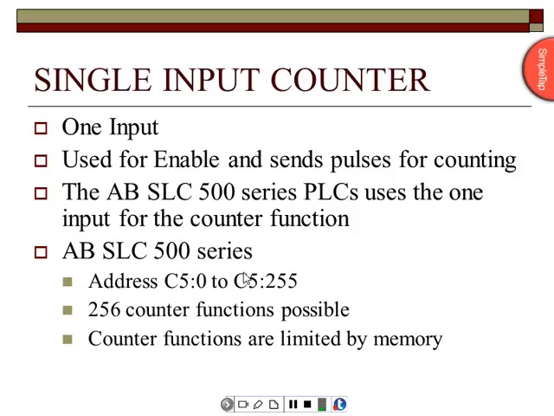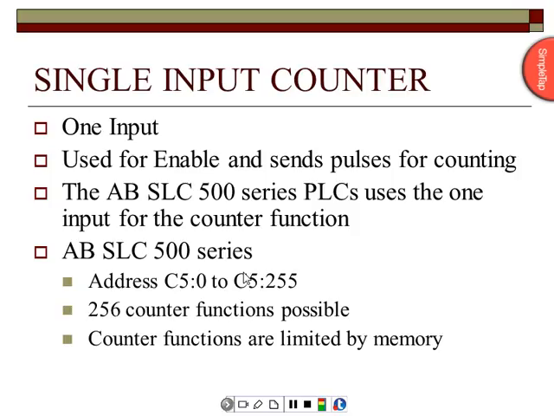In the Allen Bradley SLC 500 series, we have 256 counters. They are addressed C5:0 through C5:255. The counters and the timers are limited by the amount of memory that you have in the machine.